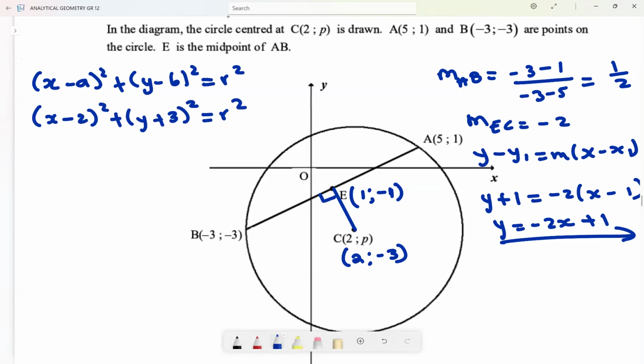How can I find r squared? R squared is the distance from any point on the circumference to the center. So I can substitute any point, like 5 and 1, because it is a point on that circle, and get r squared.